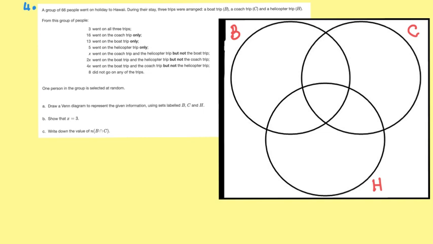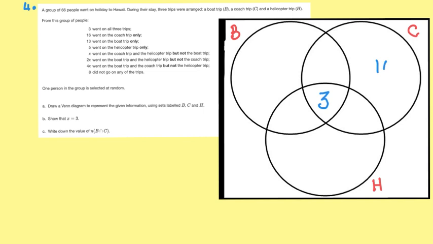Question 4. A group of 66 people went on holiday to Hawaii. During their stay, 3 trips were arranged: a boat trip, B, a coach trip, C, and a helicopter trip, H. From the group of people, 3 went on all 3 trips. So that is there. 16 went on the coach trip only.